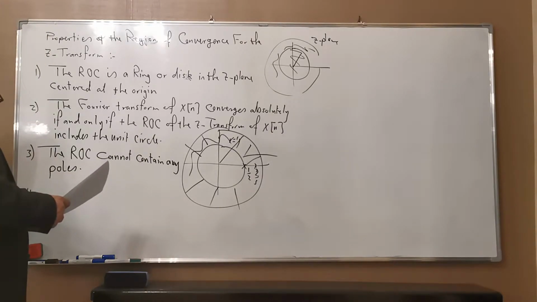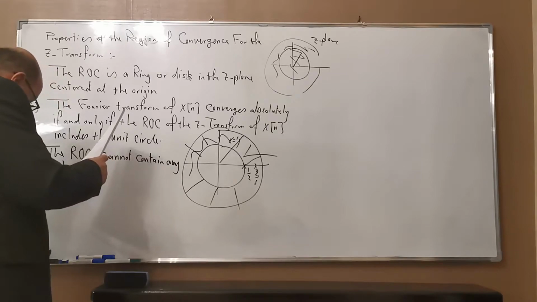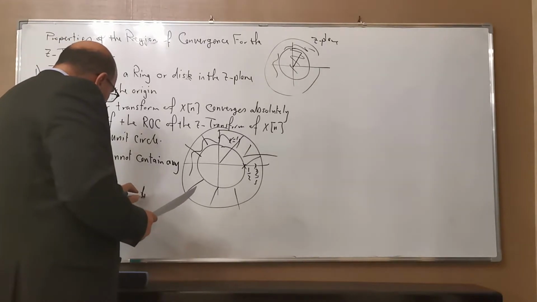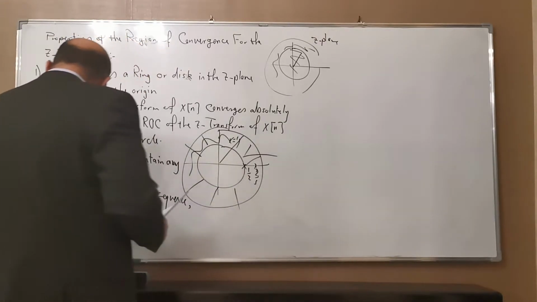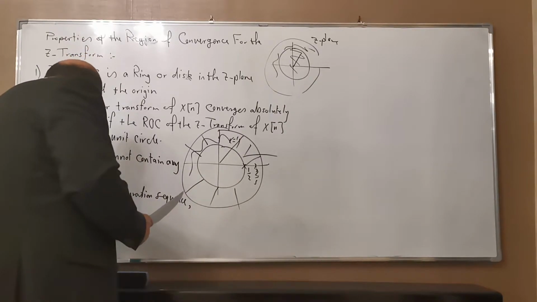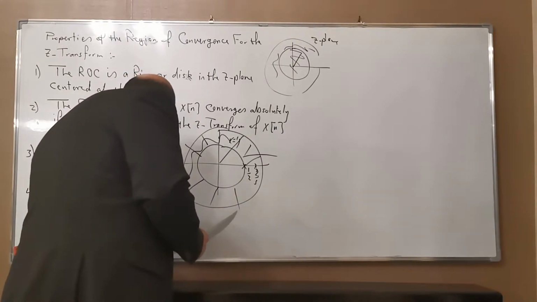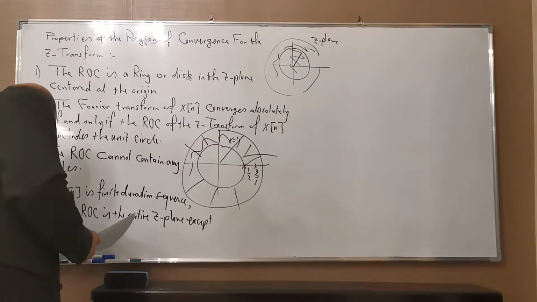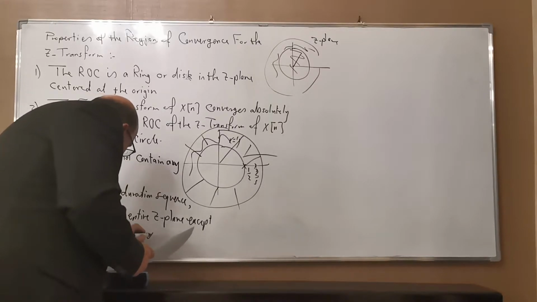Okay. Property number 4, if x of n is finite duration sequence, then the ROC is the entire z-plane except possibly z equals 0 and z equals infinity.